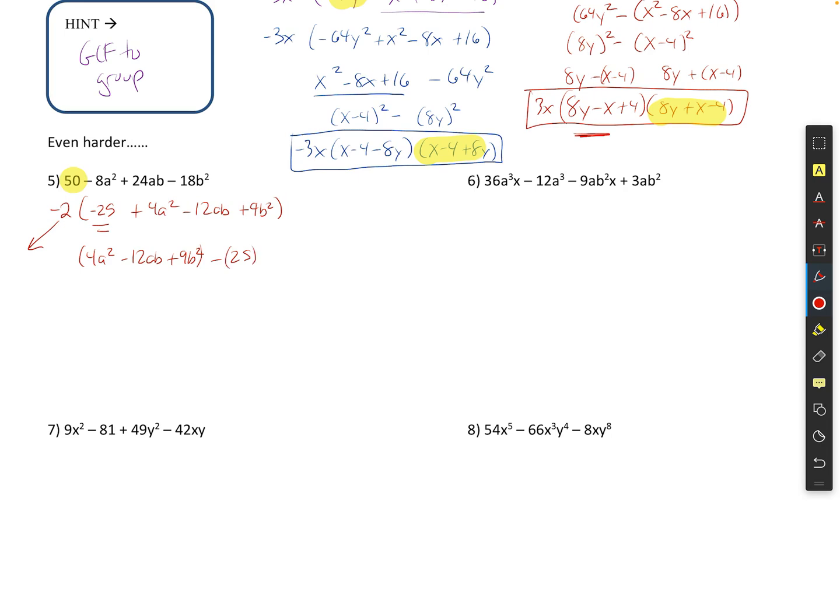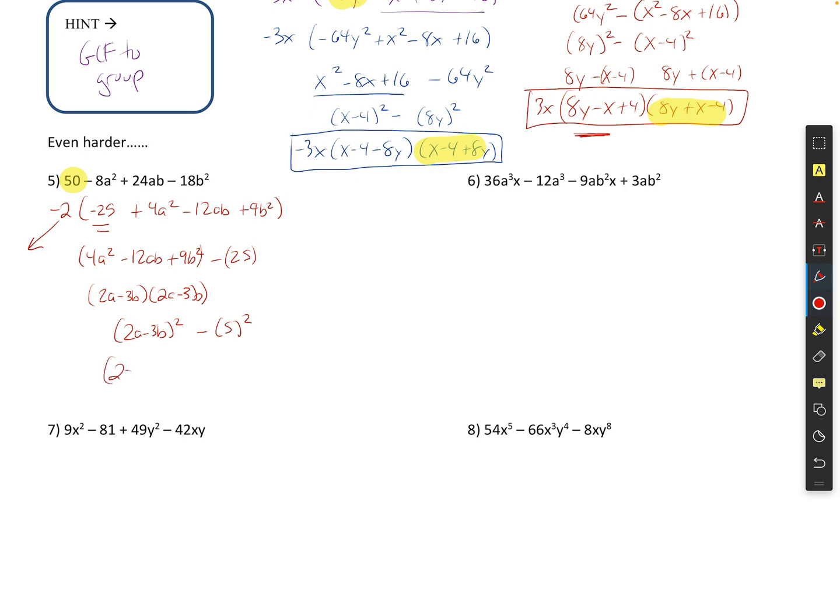I factor here. All right, so what I got, 2a minus 3b, 2a minus 3b, which gives me 2a minus 3b squared minus 5 squared.